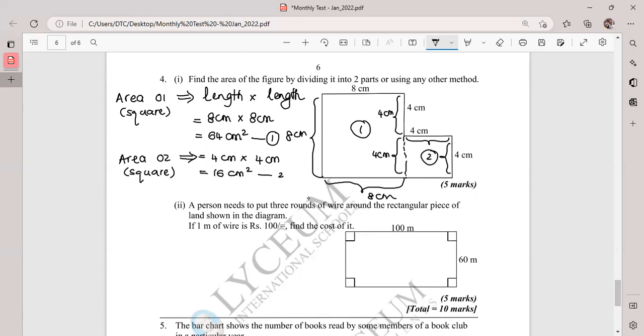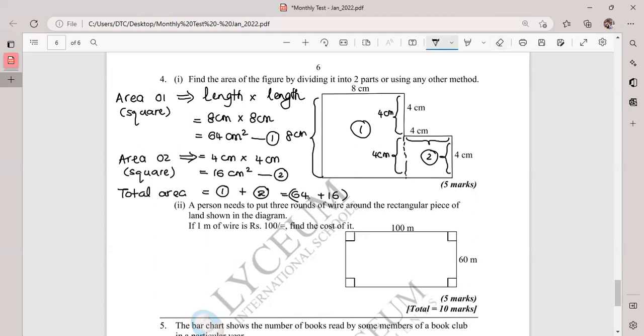This is part 2. Then how do you get the total area, children? The total area will be 1 plus 2, right? How do you do it? 64 plus 16, right? So what will be the answer? 64 plus 16.